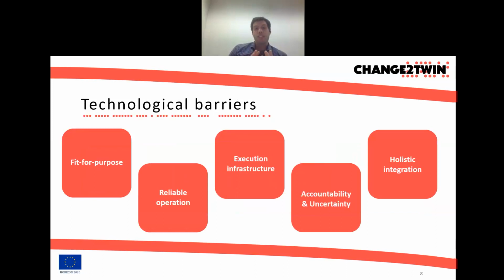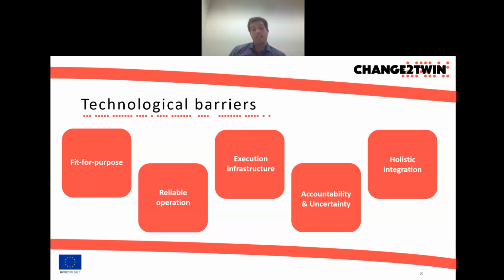Next, I'll walk you through the technological barriers we identified pertaining to these 5 aspects. Making sure the solution is fit for its purpose to bring the actual and expected value. Paying attention to the software development and lifecycle management to ensure reliable operation of the digital twin itself. Having the right infrastructure resources available to execute the solution well.